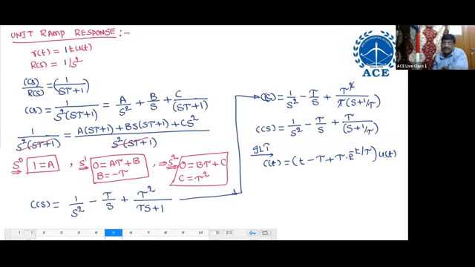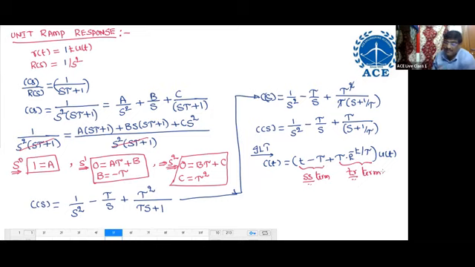This is called the steady state term, and this is called the transient term. Now draw the response.